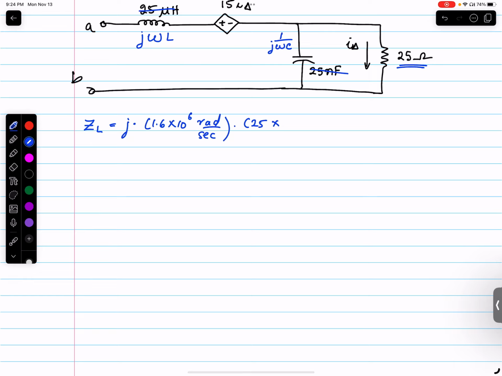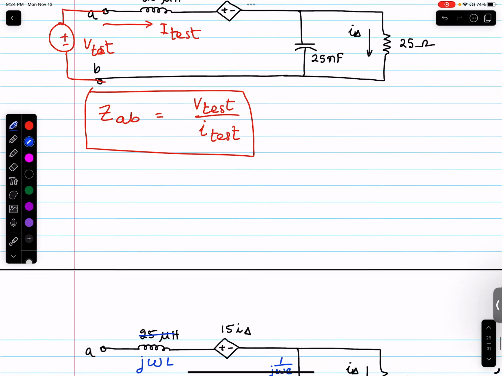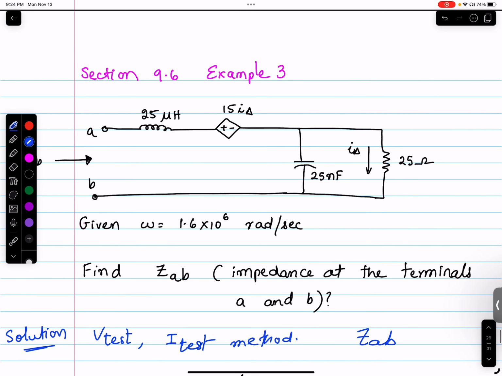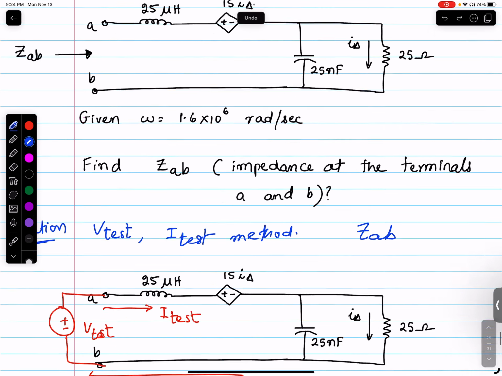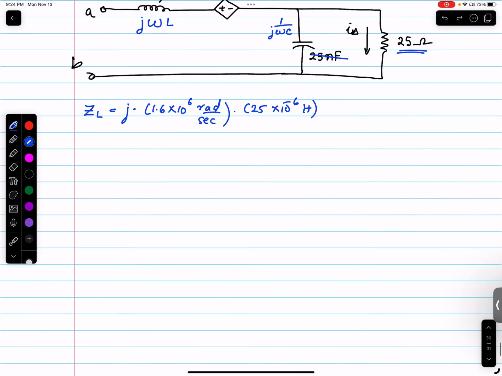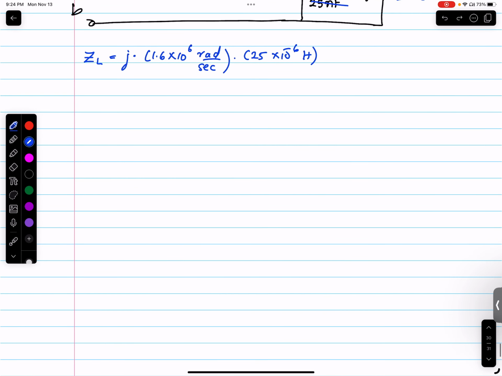Don't trust me? Go back and look at the problem. That's L, and omega is that. So if you do this math, you're going to see that this is J 40 ohms.